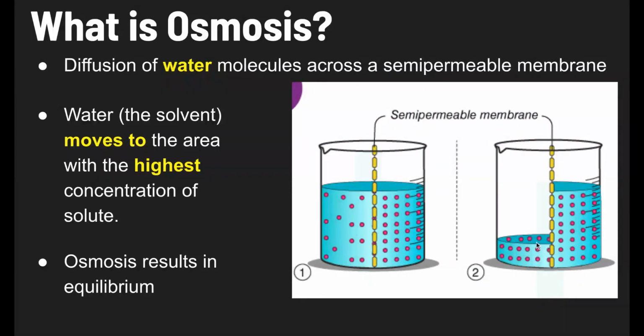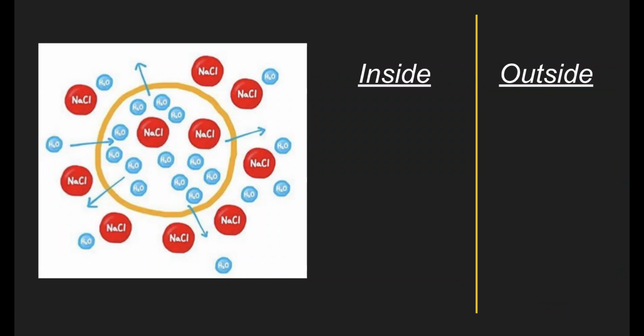So you can see the dots are spaced out similarly on both sides now. And the reason this was possible was the water moved to the other side through a membrane, and that's the process of osmosis.